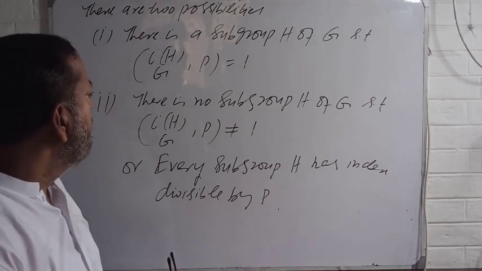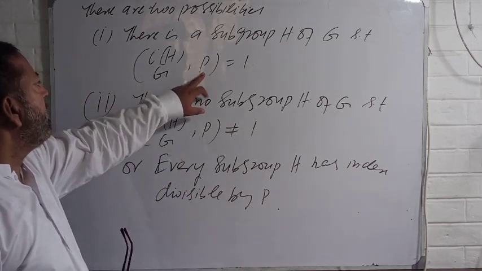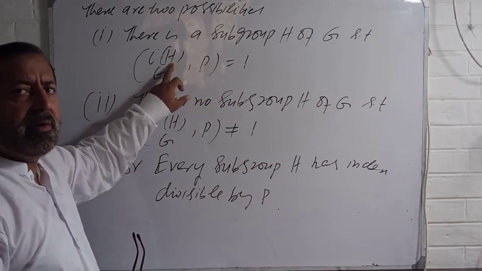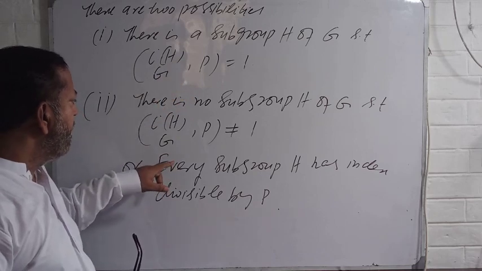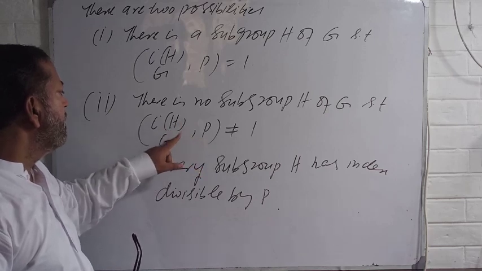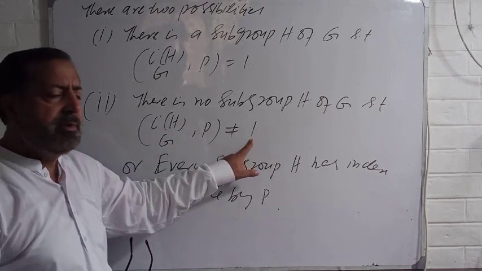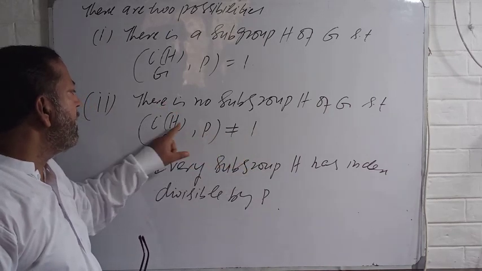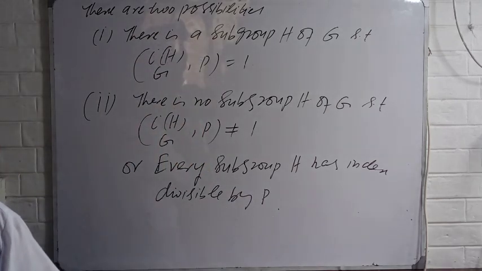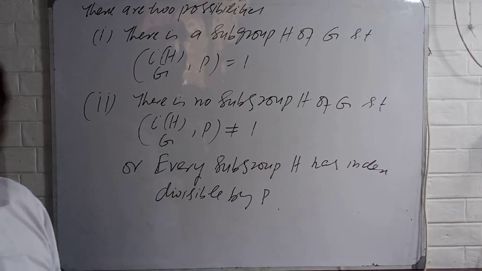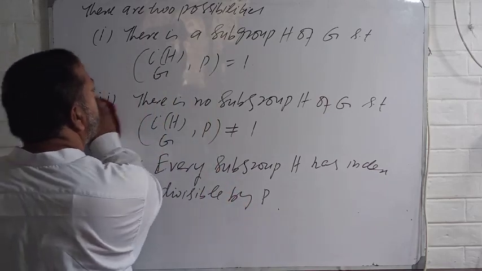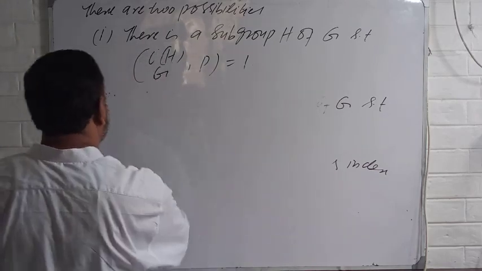Of course, remember also that if p and the index of H in G are not relatively prime, then p must be a divisor of the order of H. We will discuss both the cases separately. In the first case, we can write with the help of the induction hypothesis.